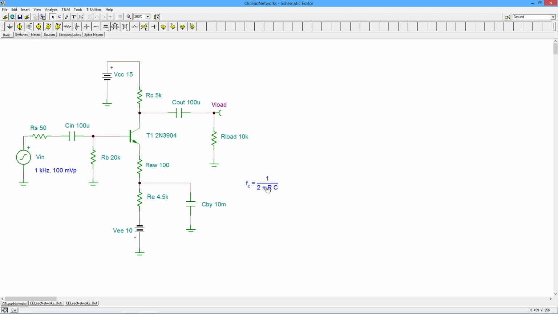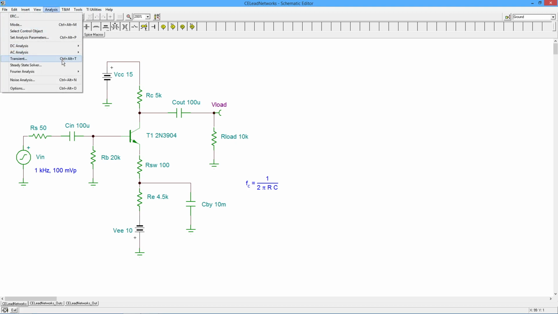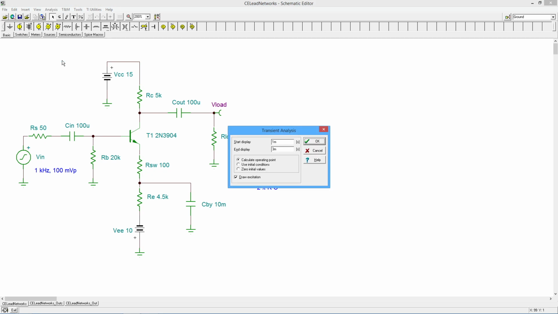Critical frequency is 1 over 2 pi RC. All we've really done here is equate X sub C and R. At that point, something kind of interesting happens, which I'll explain in just a moment. But in any case, let's go up here, and first we'll do a transient analysis just to make sure that things are working the way we expect.